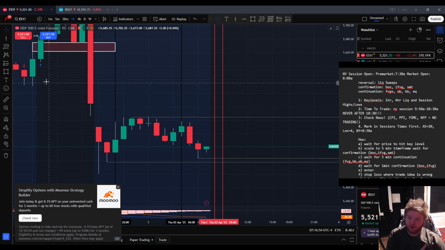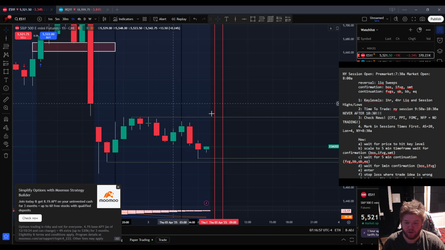Inverse fair value gap on a lower time frame. Price should continue down.